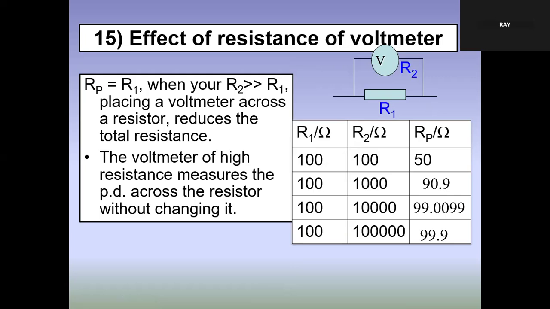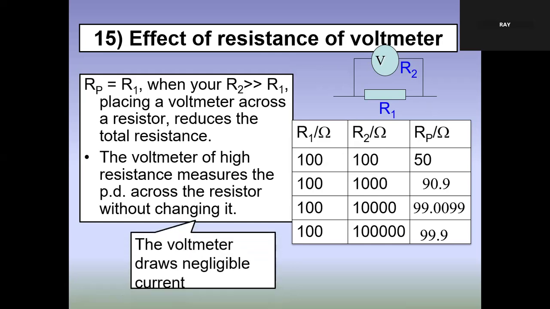A voltmeter of high resistance measures the PD across the resistor without changing it. Or another way of saying it is the current drawn by the voltmeter is negligible.